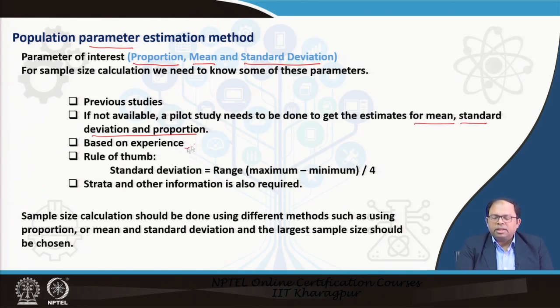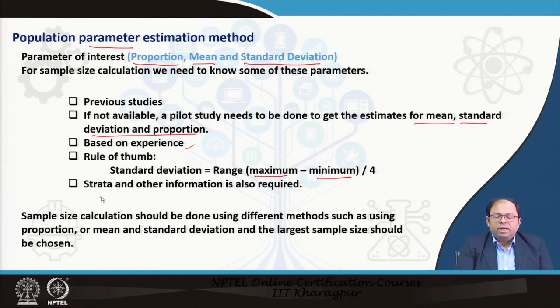Or it could be based on experience. If we have a very experienced surveyor, he can use his experience to set these values for the population. Then we can use rules of thumb. For example, if I know the range, the maximum value and the minimum value for that attribute, and we divide by 4, we get the standard deviation of that attribute.